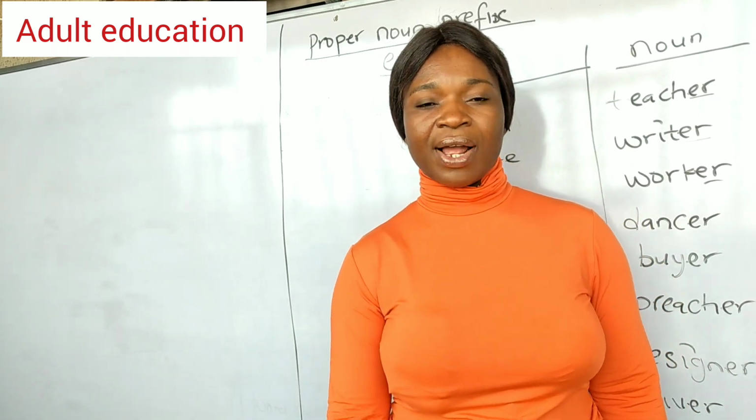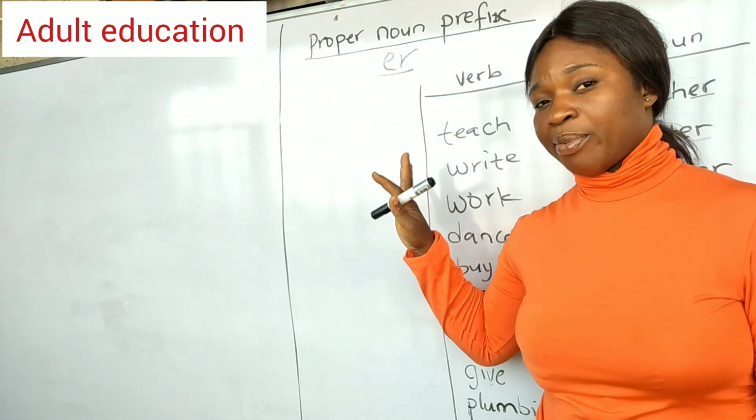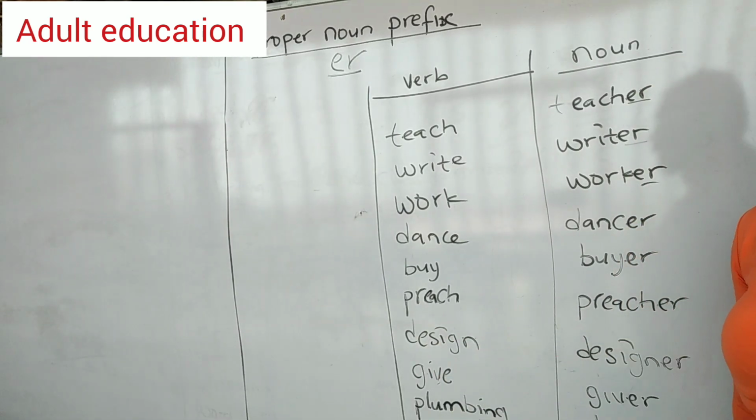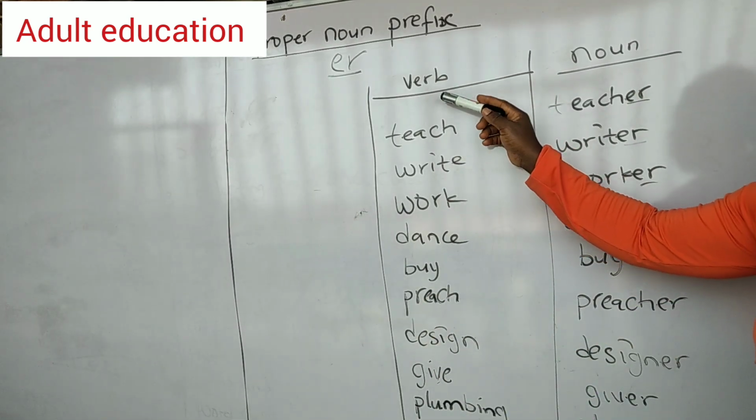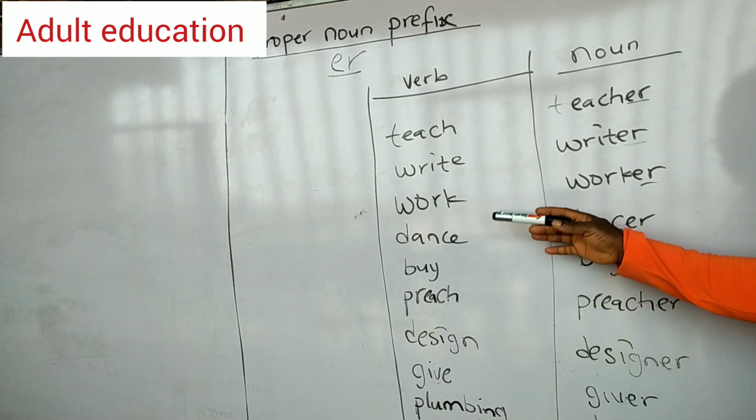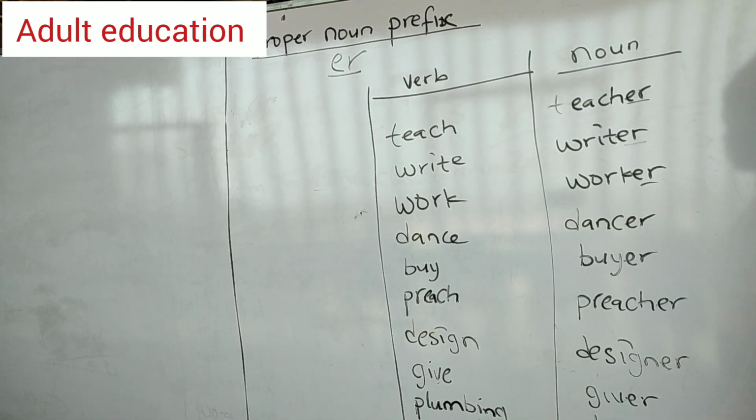Now let's take a look at the board so that you're going to understand what I'm talking about better. Right here on the board, I have this list of words. This word functions as a verb, and right here, it functions as a noun, okay?